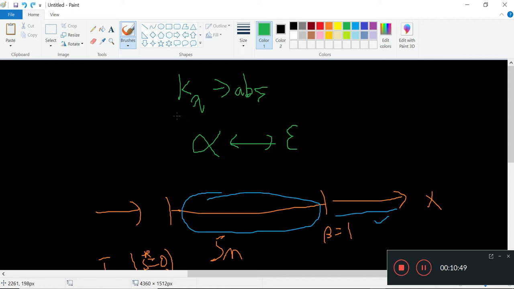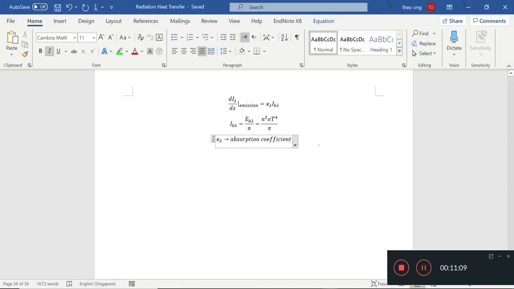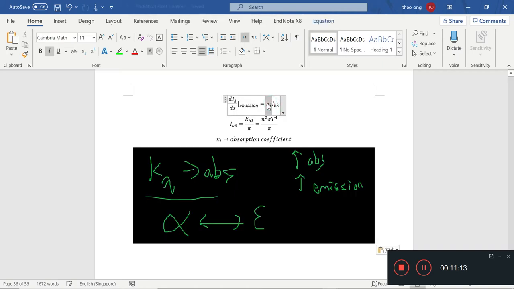If we have a high degree of absorptivity, we also have a high degree of emission. That's why it appears in here: where you have a higher absorptivity, you have a higher emission as well.